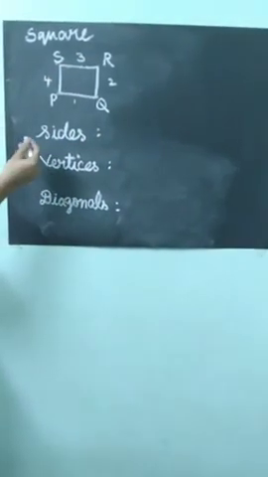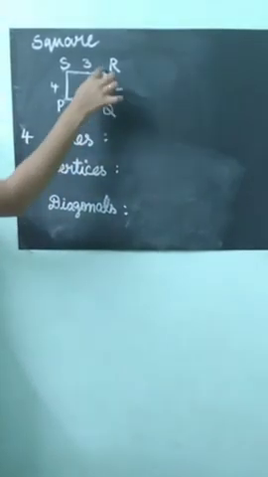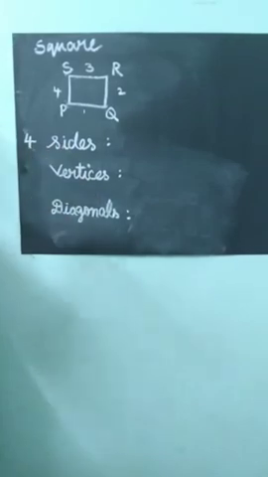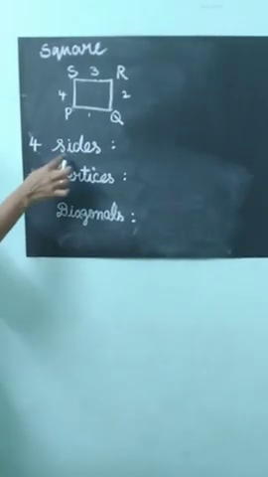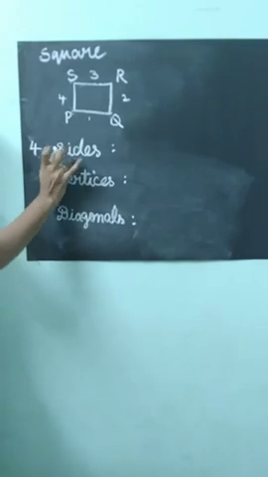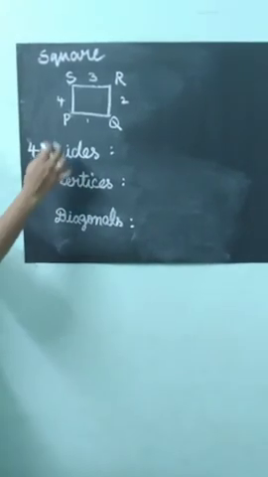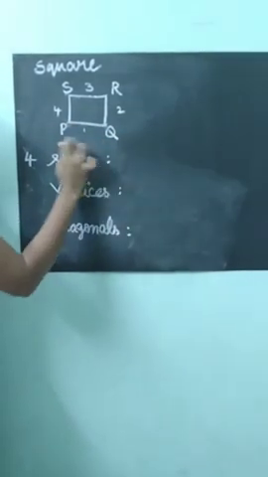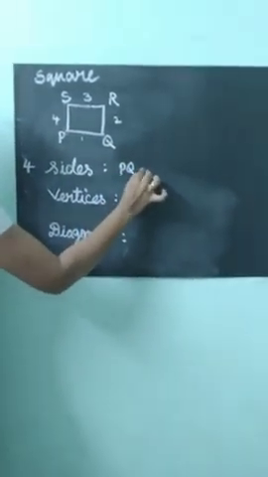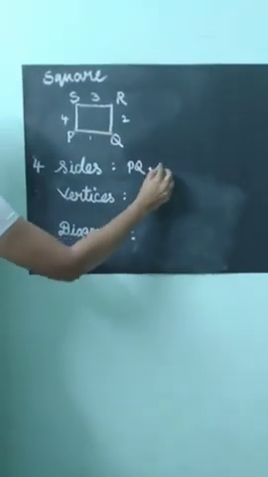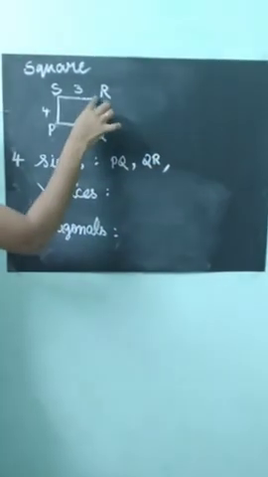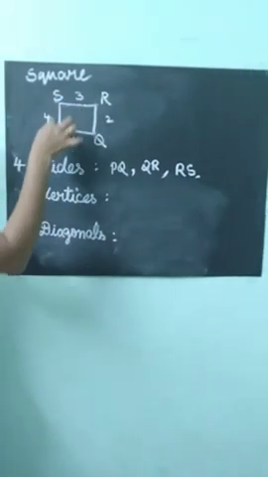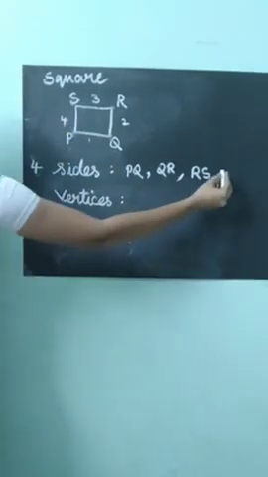How many sides? 4 sides, and the 4 sides are equal. So a square has 4 equal sides. This is the first point. Now what are the names of the sides? The first side is PQ, the second side is QR, the third is RS, and the fourth is SP.